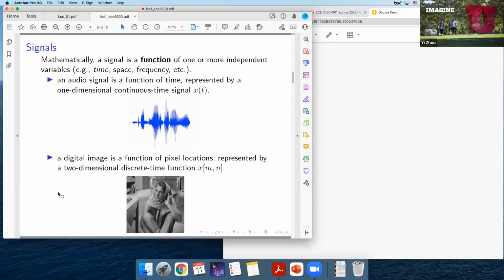Because throughout the course, we divide the signals into two categories: continuous time and discrete time. But that time should not be understood as the physical time. It's just either continuous or discrete.